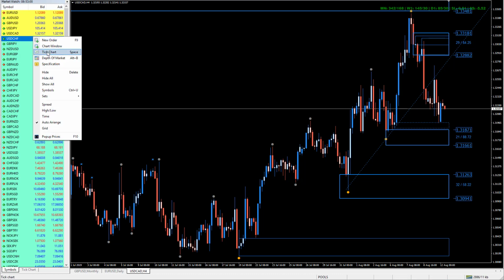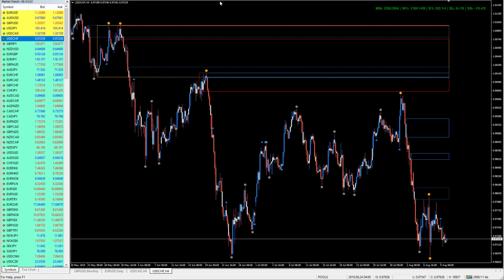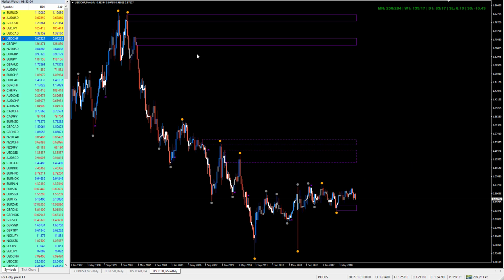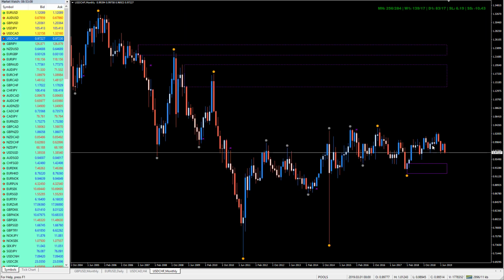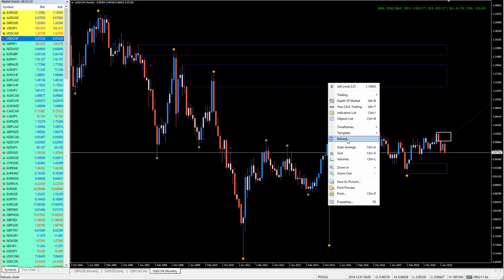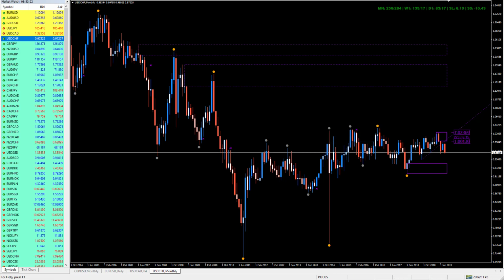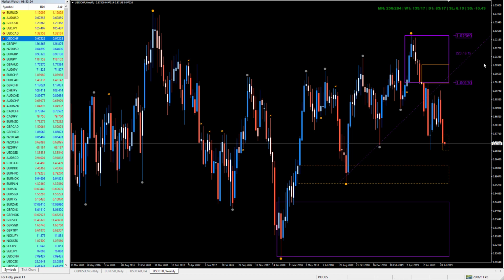Let's have a look at the dollar Swiss franc monthly. Yeah, not a lot going on. So we do have this. There's supply that caused market structure to fail here. It's almost been tested. Price is moving away.